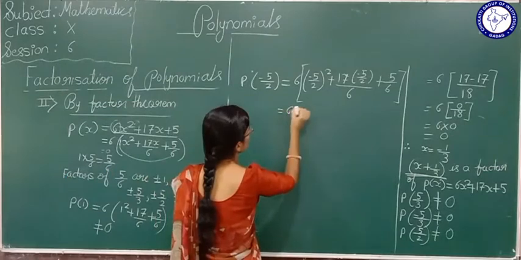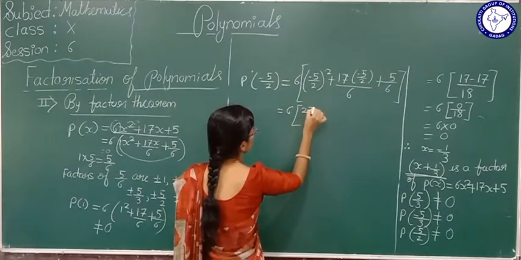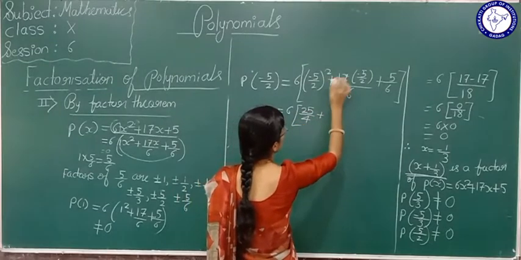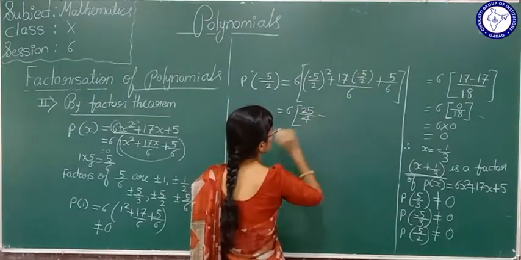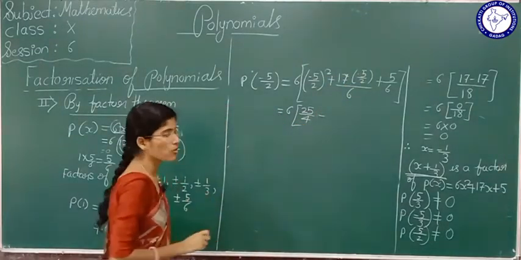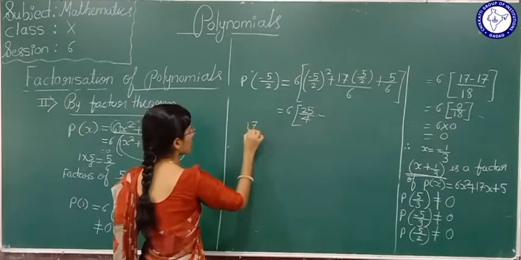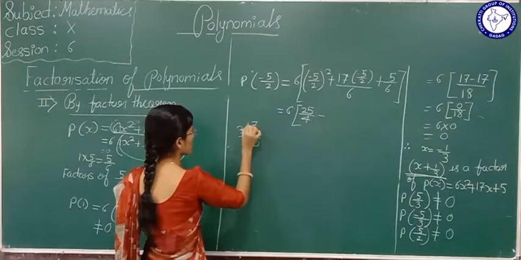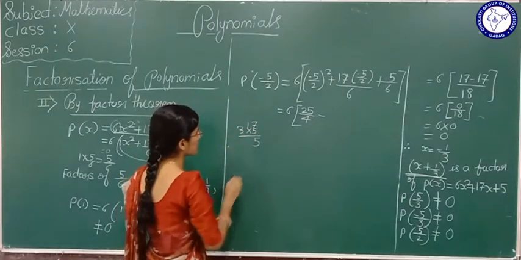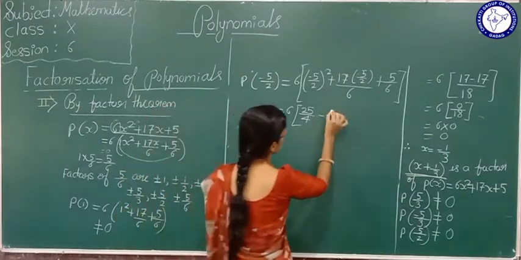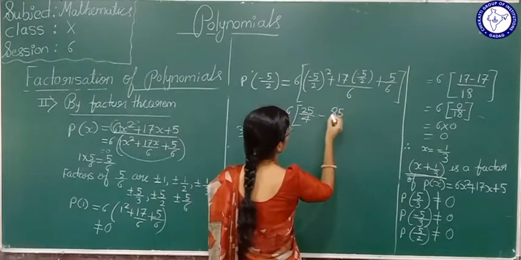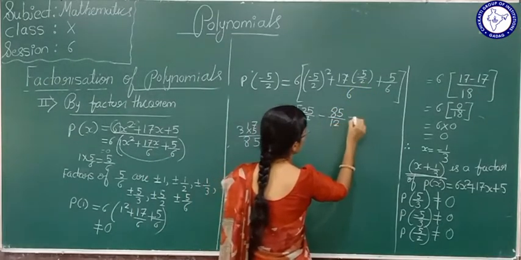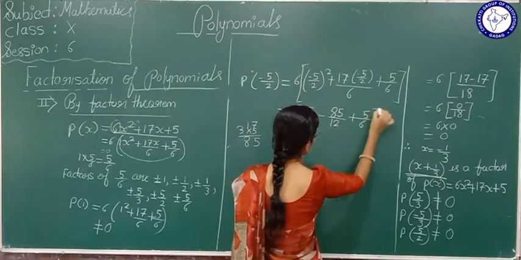6 into 25 by 4, and plus minus is minus. What is 17 5s? 7 5s are 35, 1 5 is 5, 5 plus 3 is 8, so it's 85 by 2, and 6 into 2 will come in the denominator, it will become 12, plus 5 by 6.